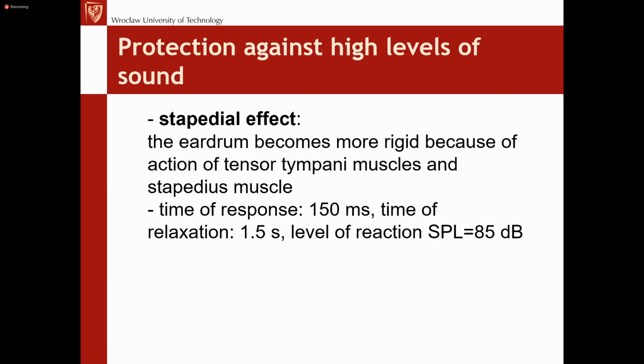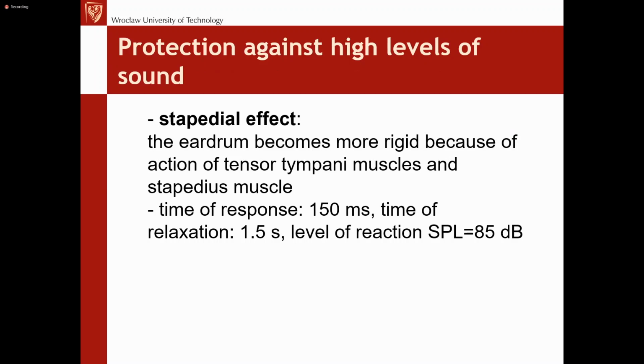The eardrum, or tympanic membrane, becomes more rigid because of the action of the tensor tympani and stapedius muscles, and this results in lower efficiency of vibration transmission from the air to the inner ear, particularly for higher sound levels.